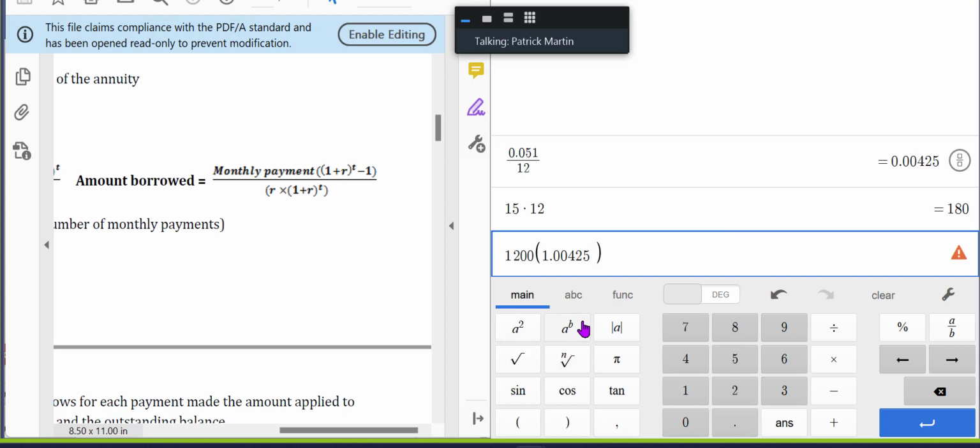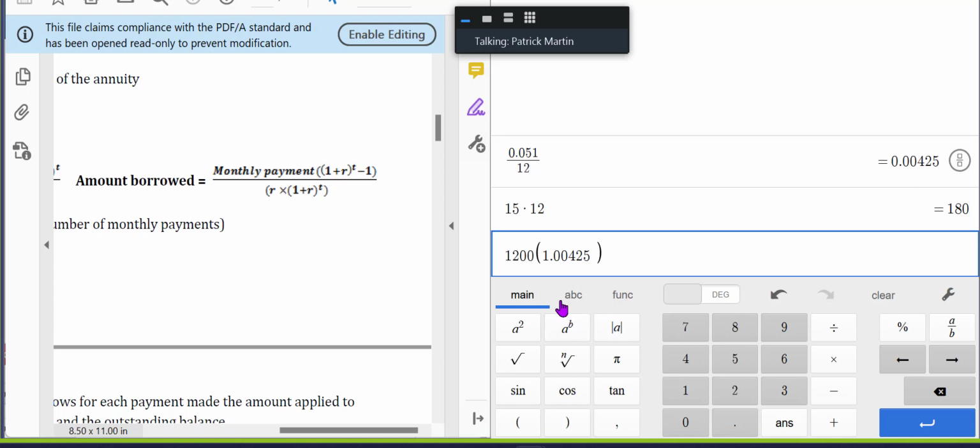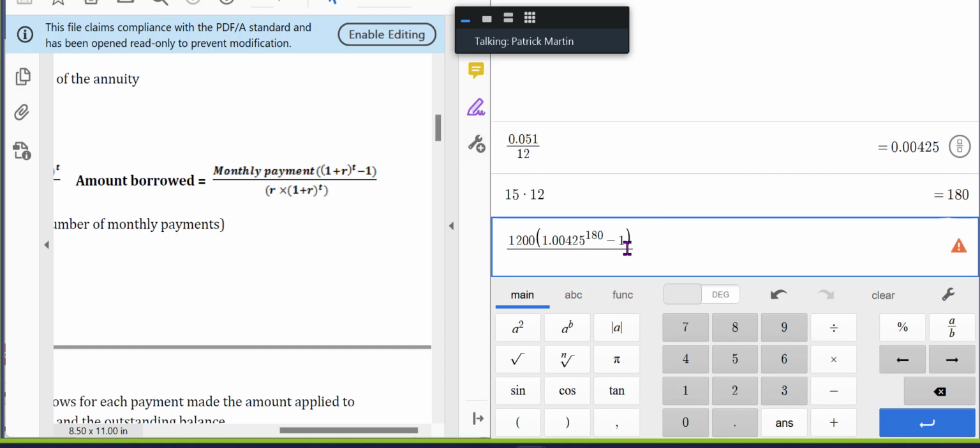Or if you're using Desmos, you can use this button here, A to the power of B. Anyway, T is 180, and then we need to subtract 1, like that. Okay, so that's the top, and then the bottom, and I can just hit divide. I'm using Desmos.com here, right?